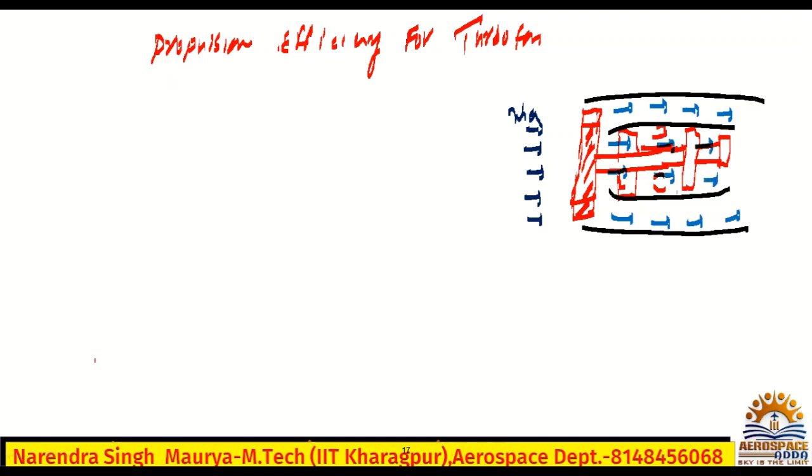This is the hot air. I should not draw with blue color, but okay. It is hot air, so I must draw it in red. In the combustion chamber it will get heated because we are burning fuel. So this amount is m dot h, or hot, and this is m dot c.